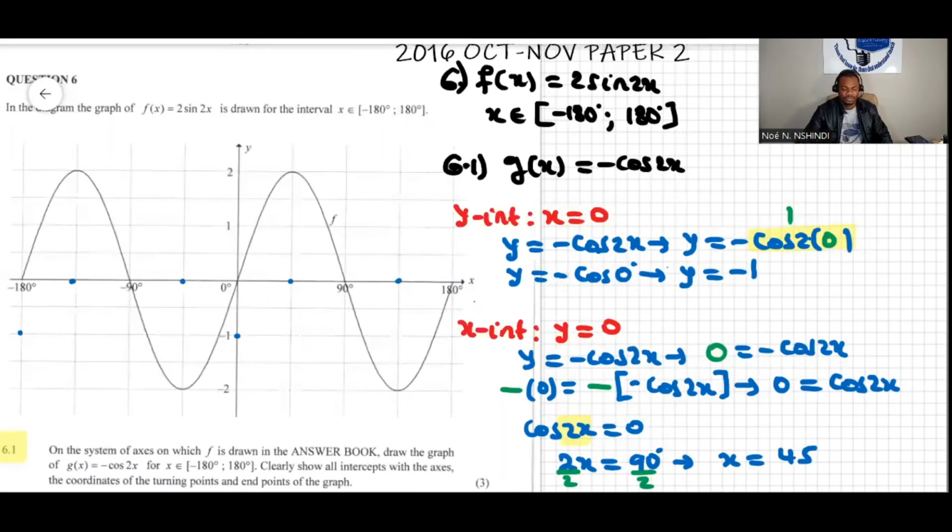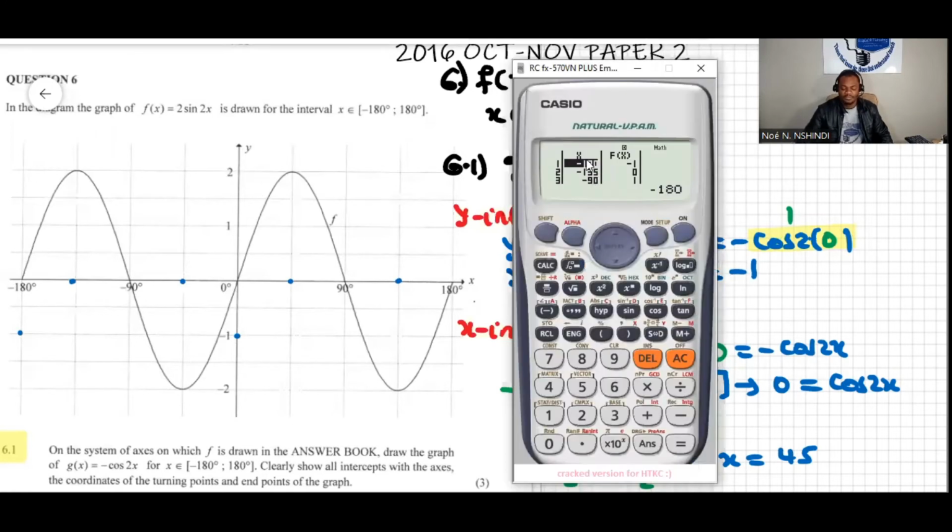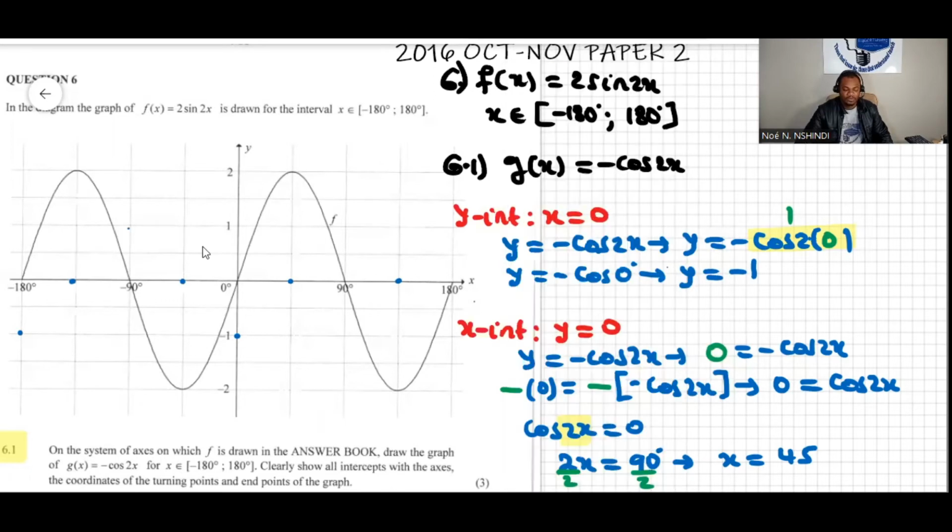And then we can see that if x has the value of negative 135, f of x will be 0. In this case, g of x is 0. This was done already when we were calculating the intercept. And if x is negative 90 degrees, that's going to be 1. So over here, at negative 90 degrees, it is going to be 1 there.